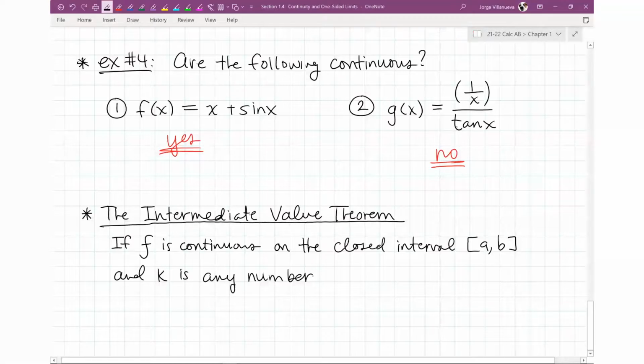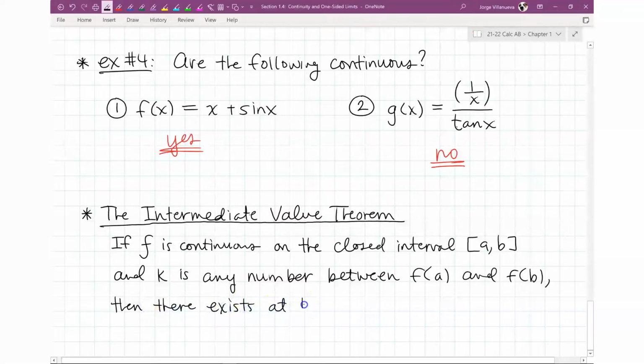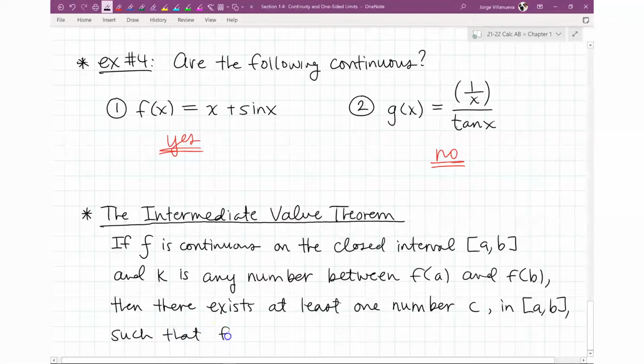And k is any number between f of a and f of b, then there exists at least one number c in the closed interval from a to b, such that f of c is equal to k.